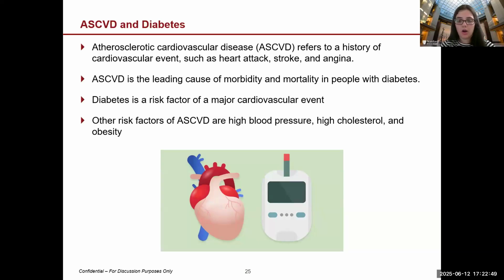And it's actually the leading cause of death in people with diabetes. This is why managing diabetes means more than just lowering the blood sugar. We also need to control blood pressure, cholesterol, and weight to reduce this cardiovascular risk. And that's where some of our adjunctive medications come in, such as statins and ACE inhibitors, which I will talk about in a second, mainly to help protect your heart and your kidneys as well.